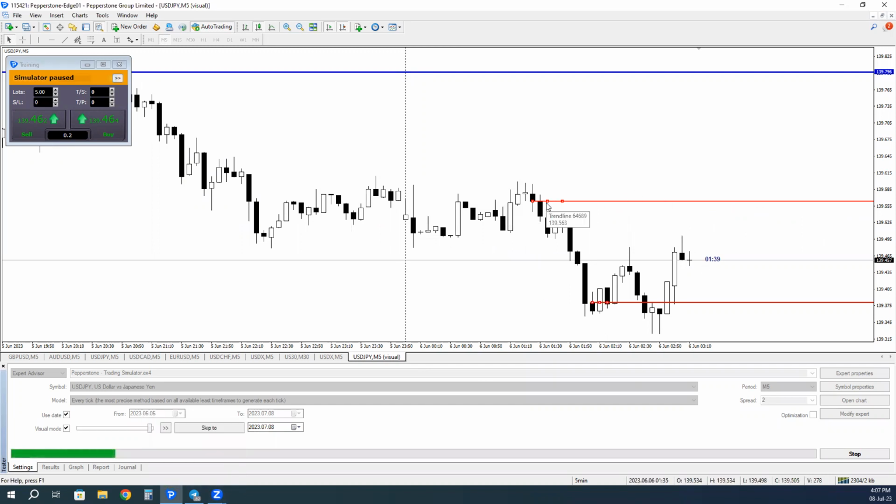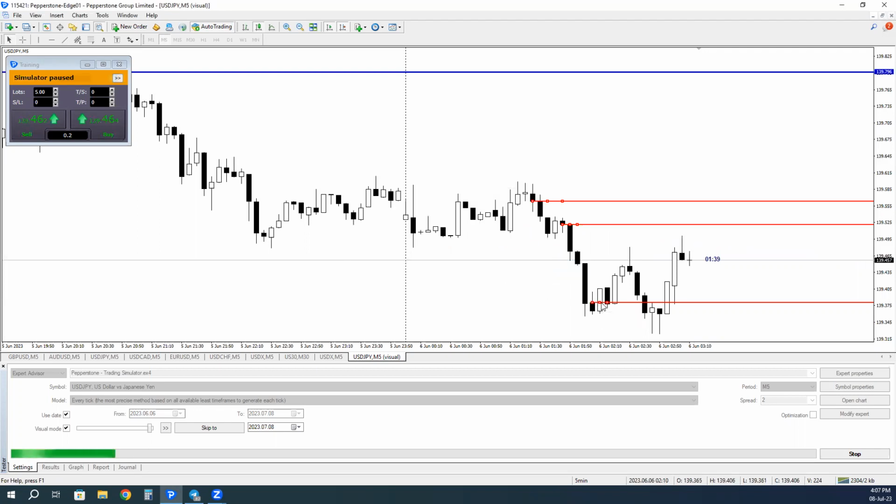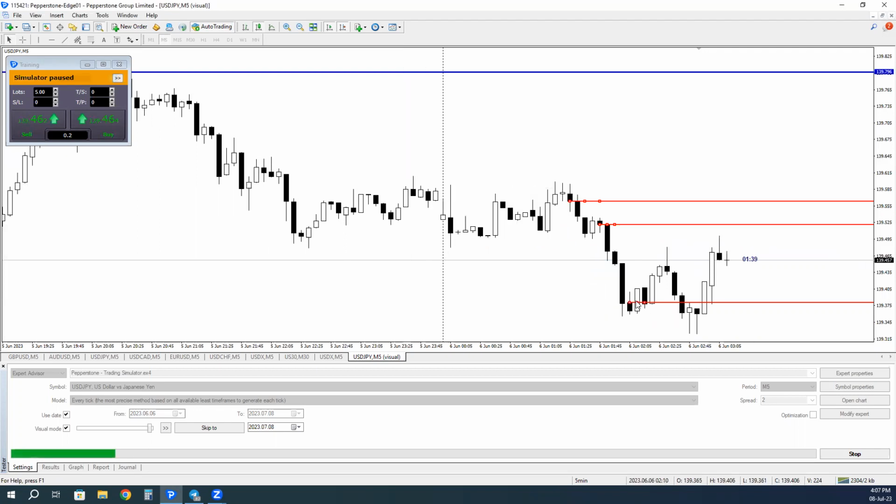We're going to mark this up here because we've got the white candle, black candle, bottom of the body, white candle, black candle, bottom of the body. And here we have white candle, black candle. We're going to mark the top of the body because we're going up, if that makes sense.